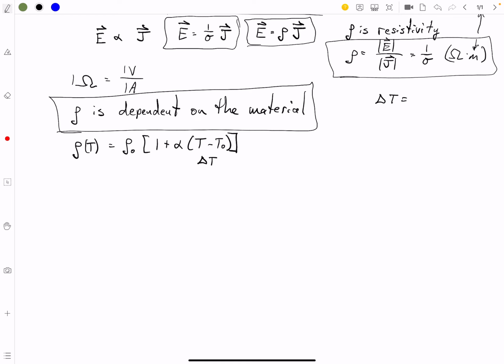Delta T just means T final minus T initial, okay?